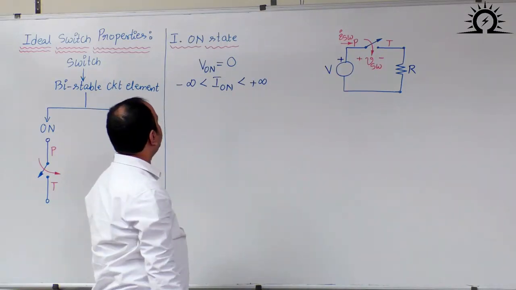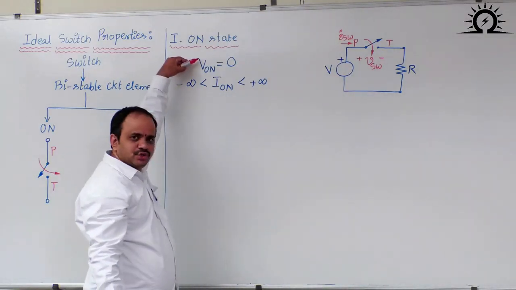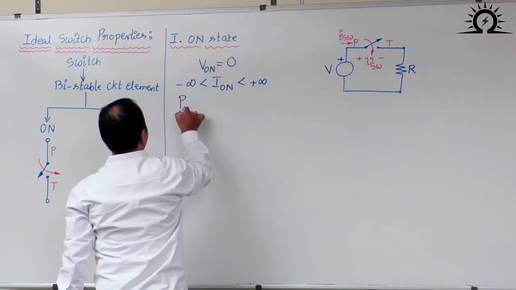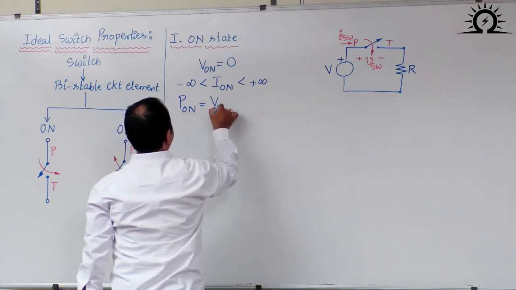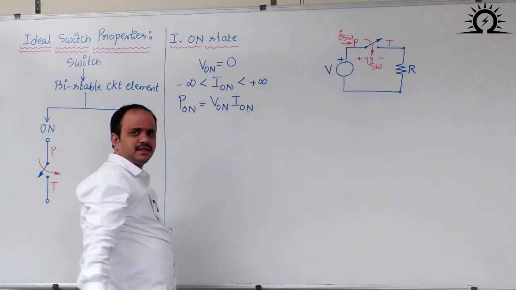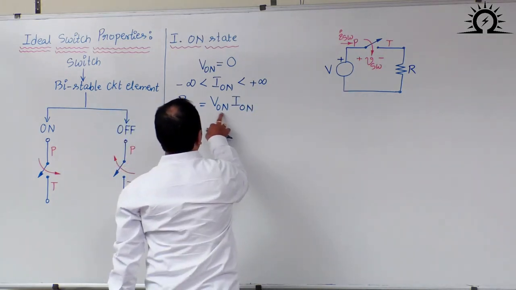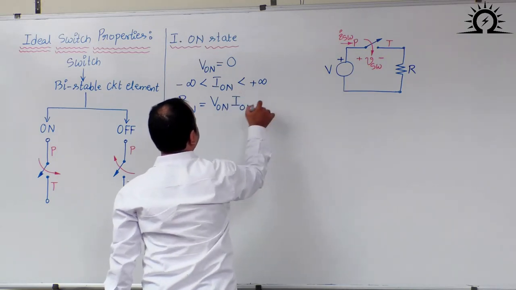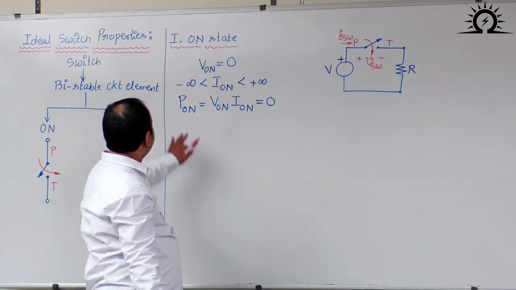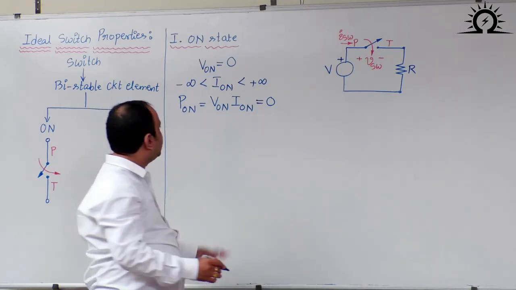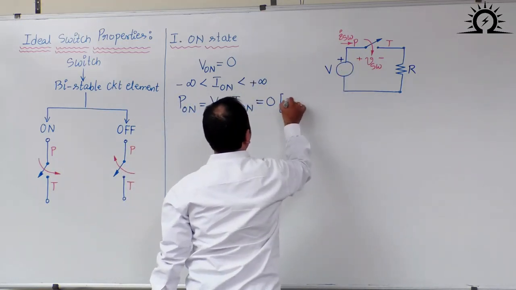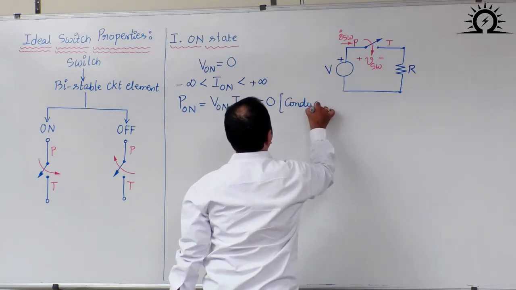Another important conclusion here: as voltage is 0, current is any number. If you take the product, P on is equal to V on multiplied by I on. As V on is equal to 0, no matter whatever the current is, this product will be 0. This product is, in other words, the power loss in the on condition, which we call conduction loss.